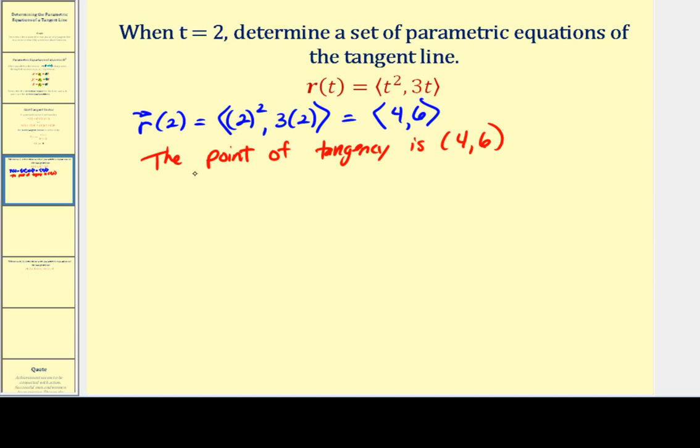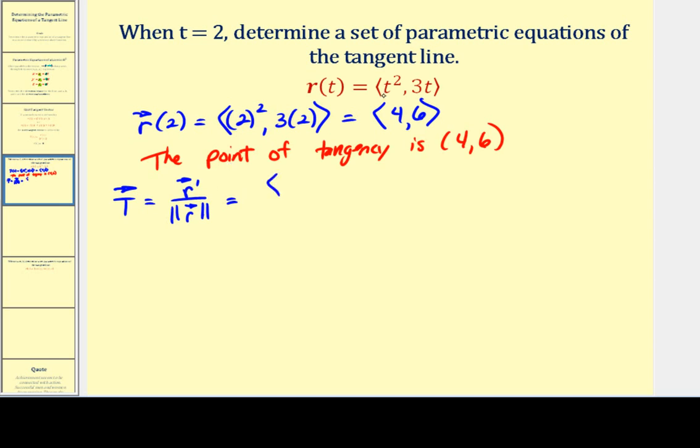And now we need to determine the direction numbers for this tangent line, and that'll come from the component form of the unit tangent vector. So let's find the unit tangent vector valued function and then evaluate it when t is equal to 2.